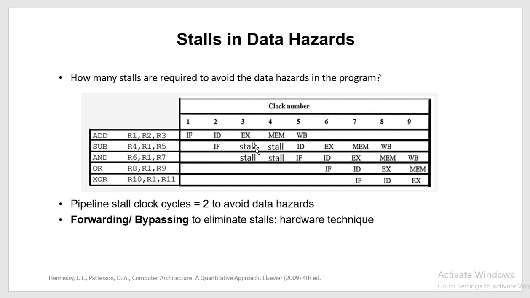So two stalls are required to be introduced in the sequence of pipelining, and naturally if the stall is introduced here for the third and fourth machine cycle, then the operation of each and every instruction after this instruction will be affected.